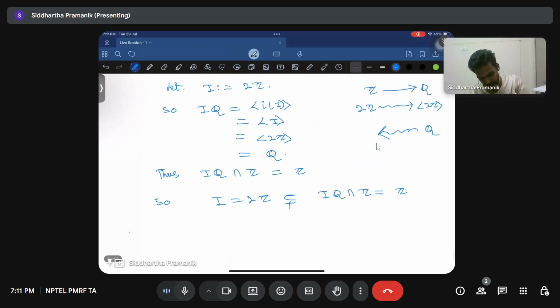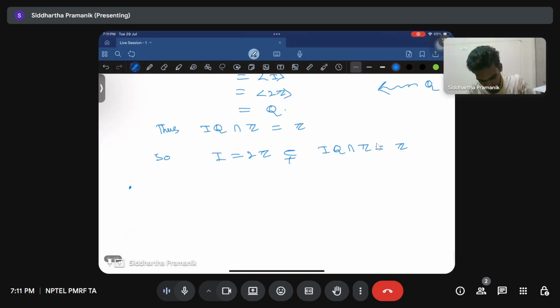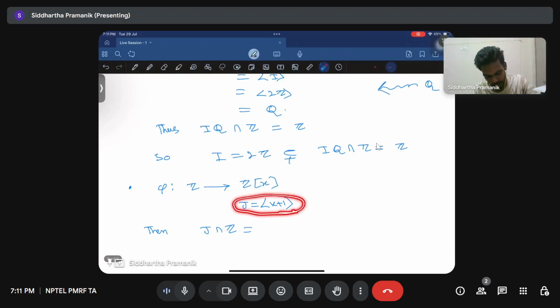Now the second example, which I will take from the practice problems itself. Let phi from Z to Zx, and take the ideal J as the ideal generated by x plus 1. Then what is J intersection Z? What is the inverse image of the elements of J under phi?